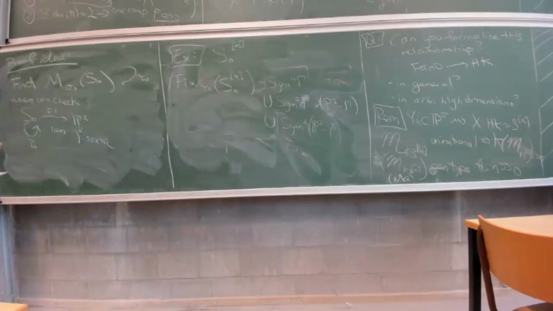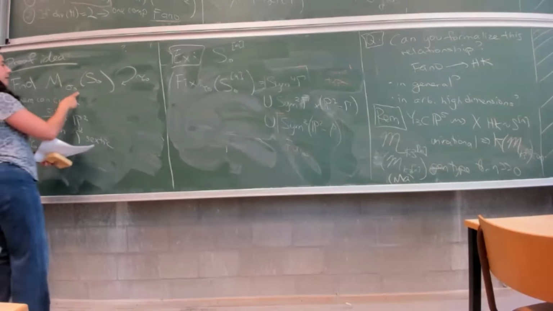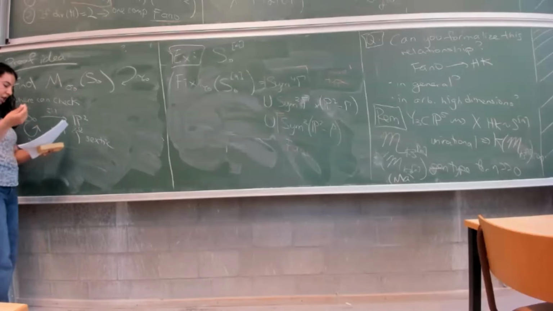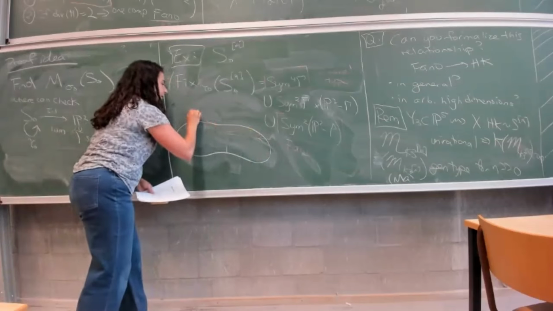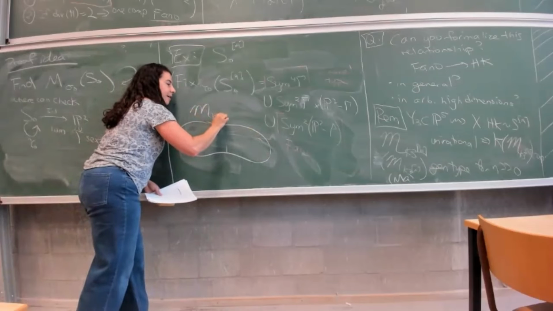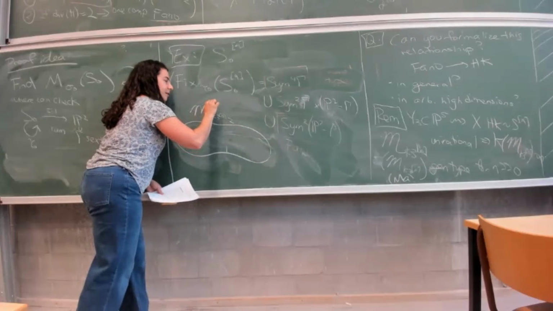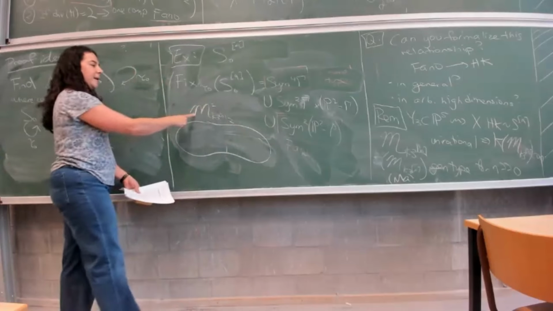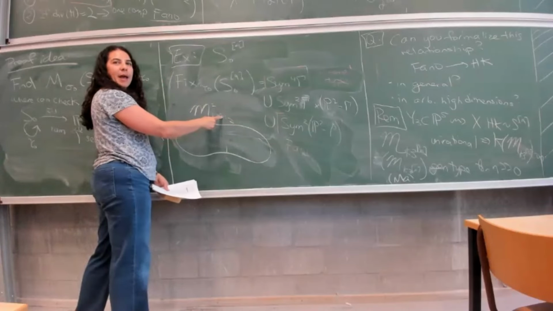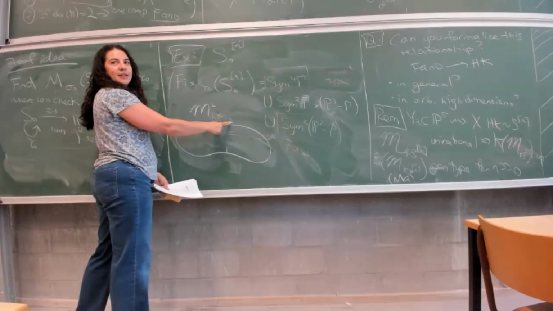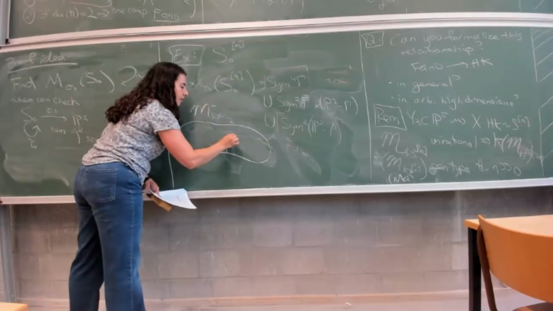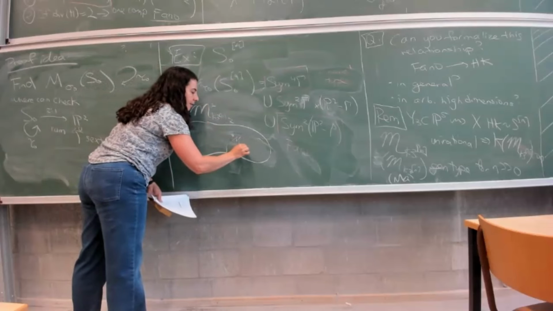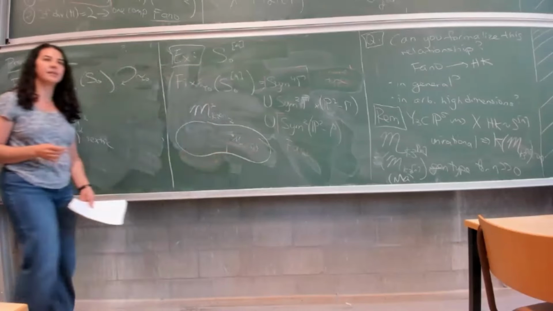And then once we've checked the result on some special example, here's our moduli space, M_K3^n, 2, Q. This is the moduli space of K3n type hyperkählers with a class of square 2 and divisibility 2. And we've checked our result for one guy in the moduli space.